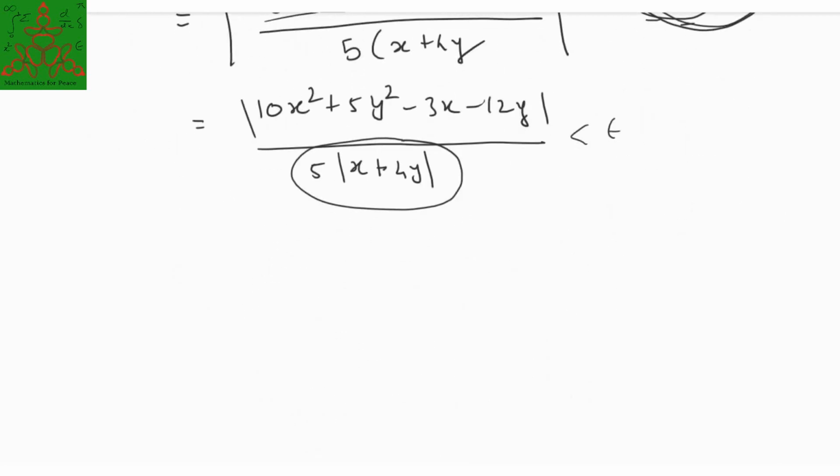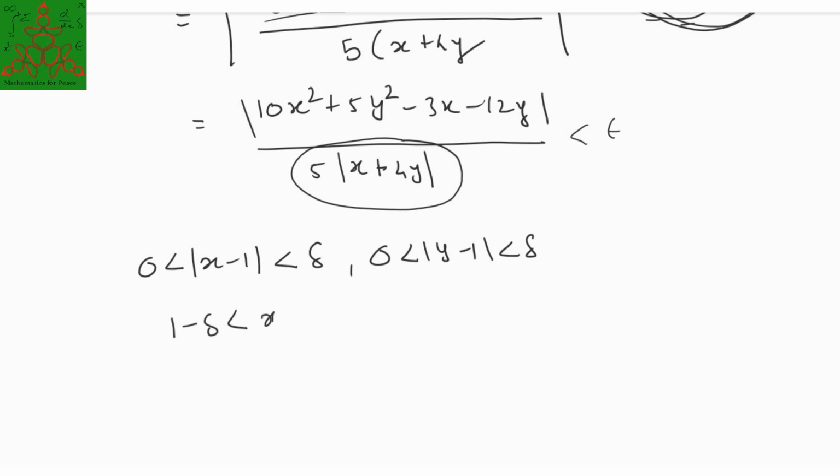we are just having this condition: modulus of x minus 1 is less than delta and modulus of y minus 1 is less than delta. So that means your x is between 1 minus delta and 1 plus delta.